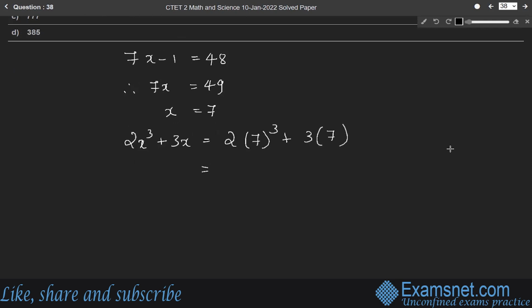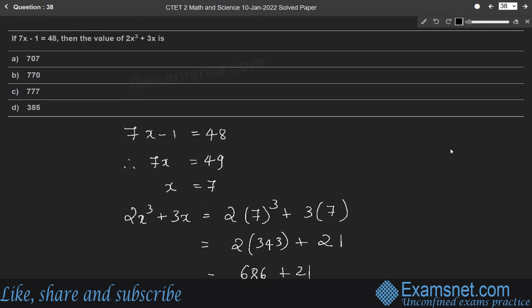Right? So 7 cube is 343, and 3 into 7 is 21, which is equal to 686 plus 21, which is 707. Therefore, option A is the right answer.